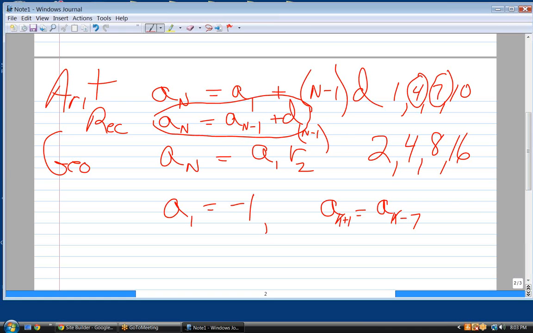A sub 1 equals -1, and a sub k plus 1 equals a sub k minus 7. It says write the first 5 terms. Well, let's say we first need that term is n minus 1. The second term, there's no way to do it from the information they've given us.